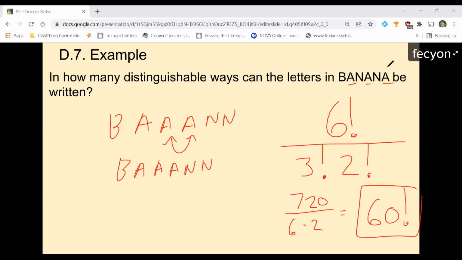Oh, I put an exclamation mark because I was excited, but we actually can't do that anymore. There are 60 different ways you can write a word using the word banana to make new words, like ban. That's the best choice. If you had to make a new word out of banana, ban is a good one.